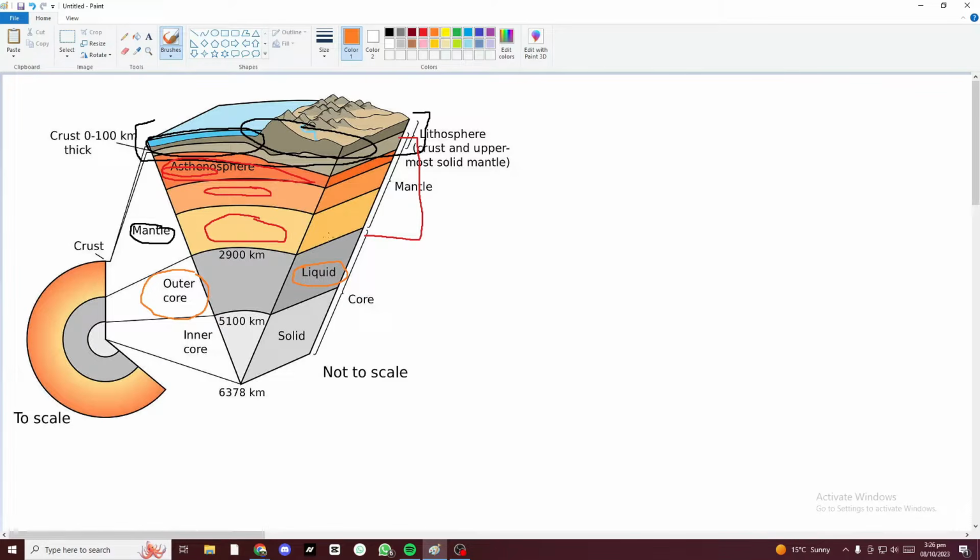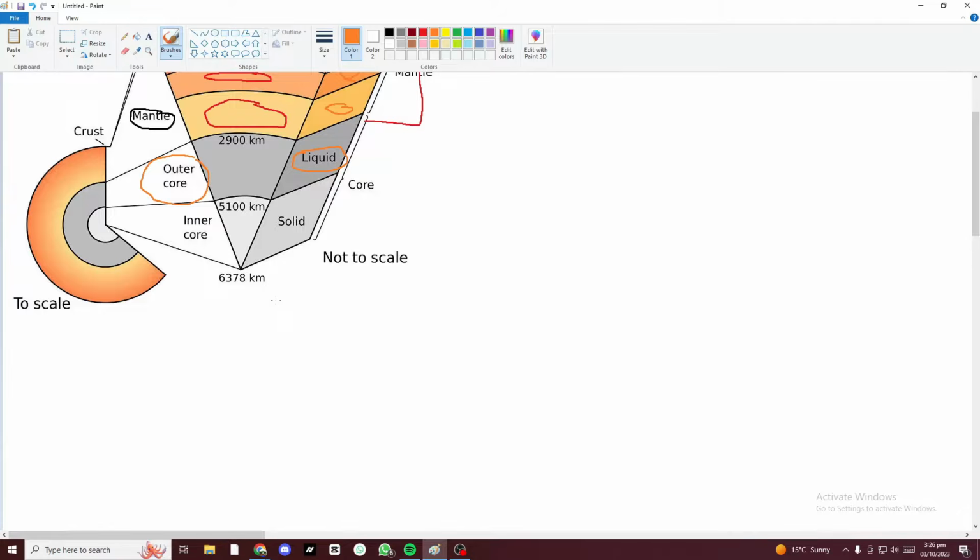The mantle is both solid and liquid, mainly solid towards the bottom, mainly liquid towards the top. However, the outer core is liquid, and this is what generates the Earth's magnetic field through a geodynamo process, but we don't need to know about that.